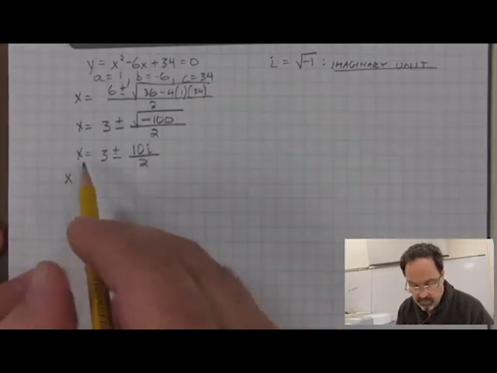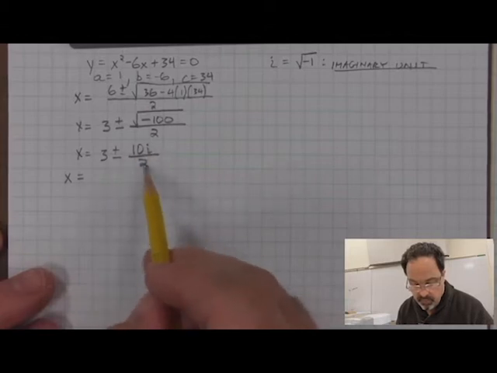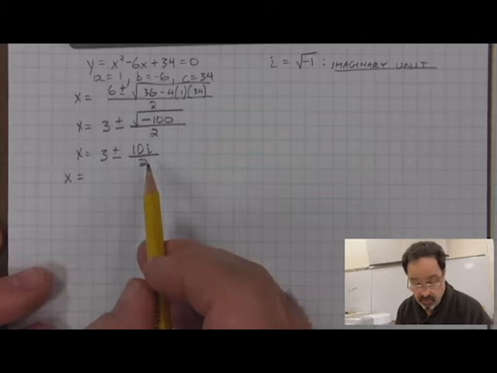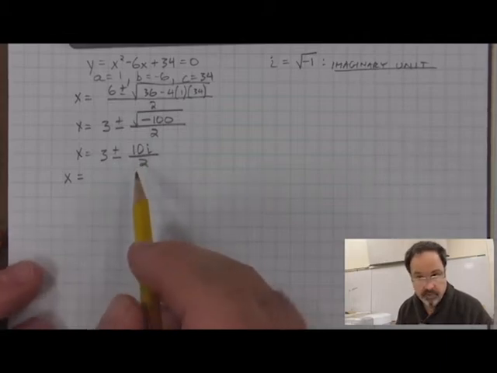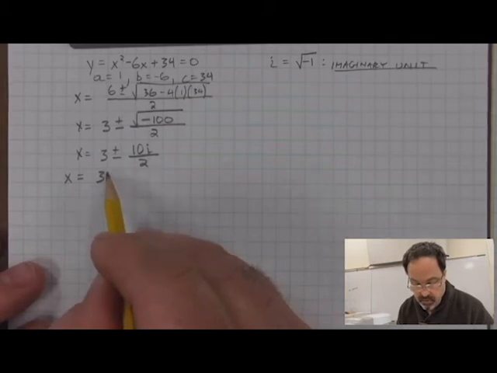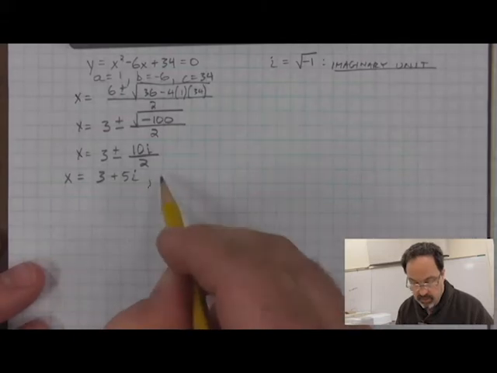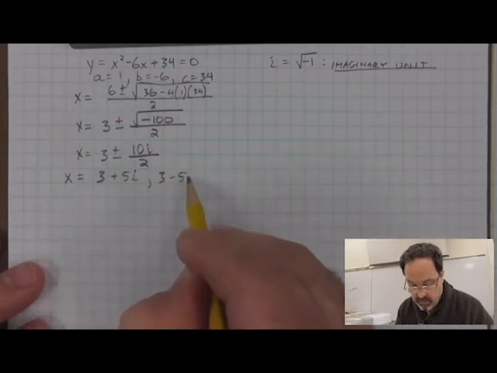And I can list these factors now in simplest terms by reducing this fraction 10i over 2 to 5i. 10 divided by 2 is 5. So my 2 solutions are 3 plus 5i and 3 minus 5i.